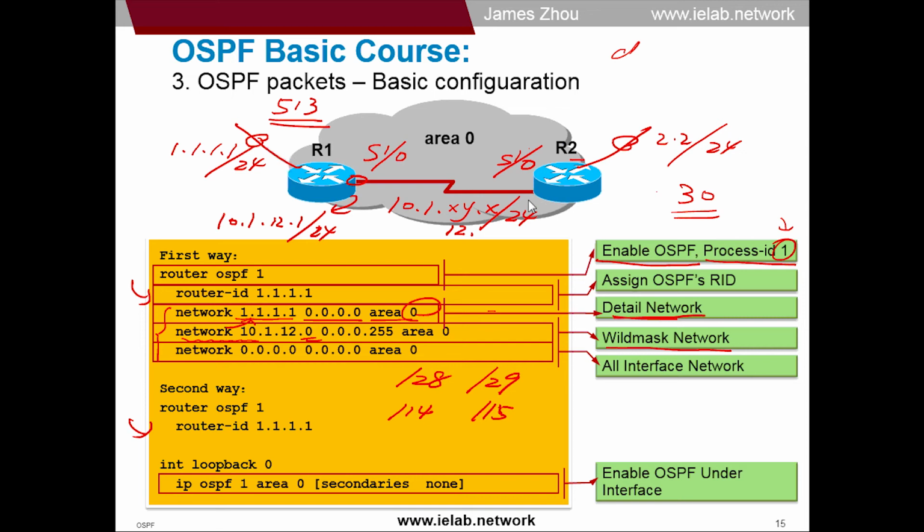Okay. No one answered. Actually, the value should be 0.0.2.1. This means area 513. How to calculate? How to translate?